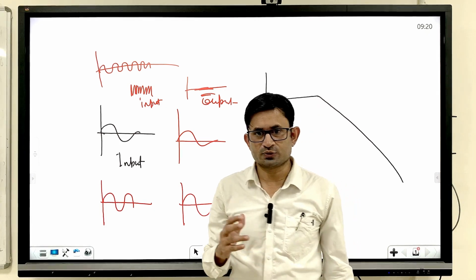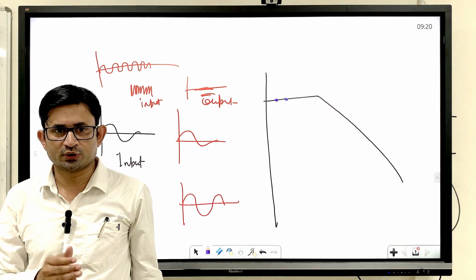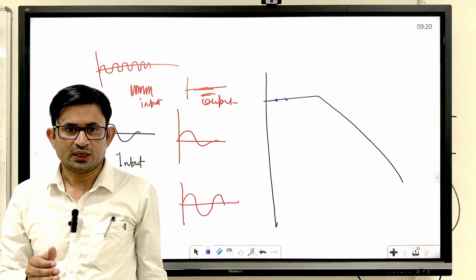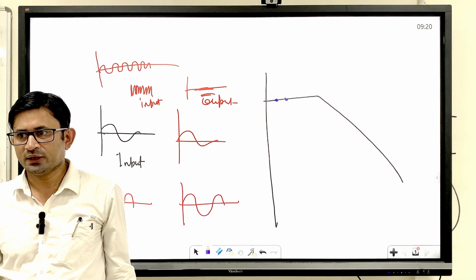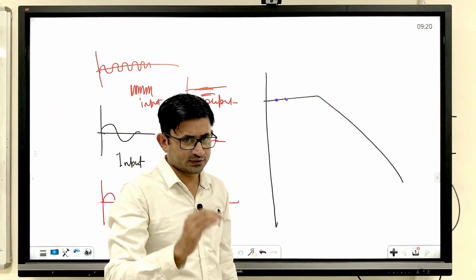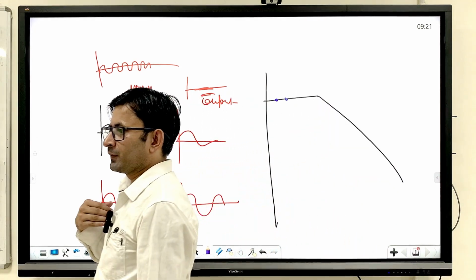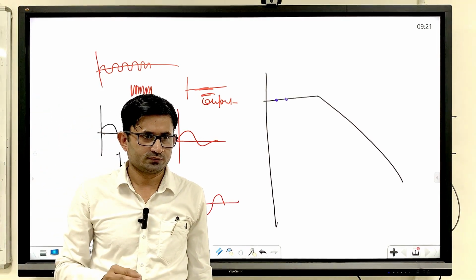Now the question comes, what do you mean by non-minimum phase? We generally deal with the poles and zeros in the transfer function, right? If at least one zero is in the right half plane, then it is called non-minimum phase. Generally you comment on stability based on poles, not zeros.